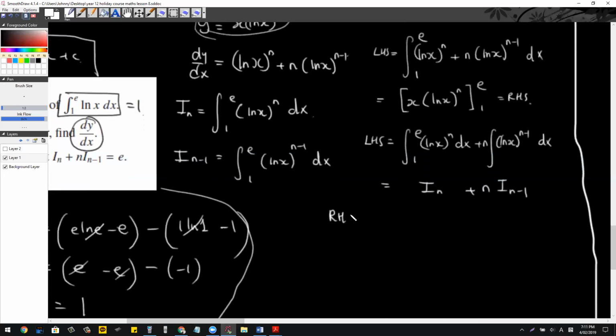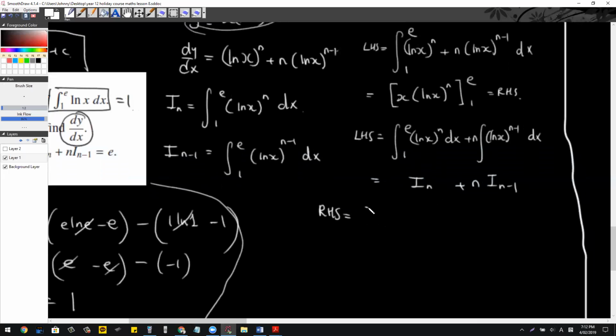My right-hand side is this one here, which is x (ln x)^n from 1 to e, and then you plug in e and 1. So let's plug in e, okay? That's e (ln e)^n minus, plug in 1, that's 1 times (ln 1)^n.